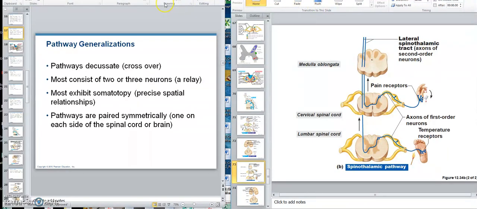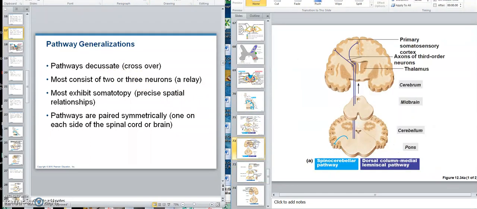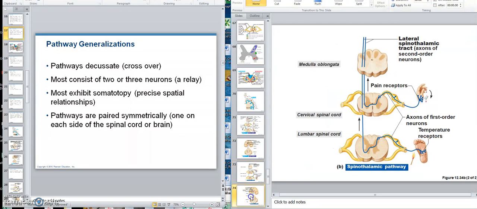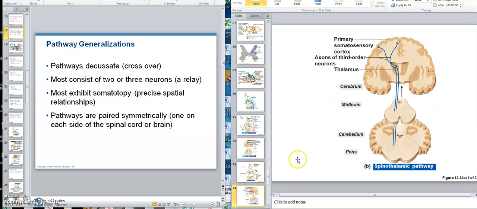All right. Most consist of 2 or 3 neurons, okay, which would mean that you would come down, see if I can find one here, you would come down essentially and have the first neuron, let's say from the brain, or going up to the brain, a neuron here, and then a neuron coming in.